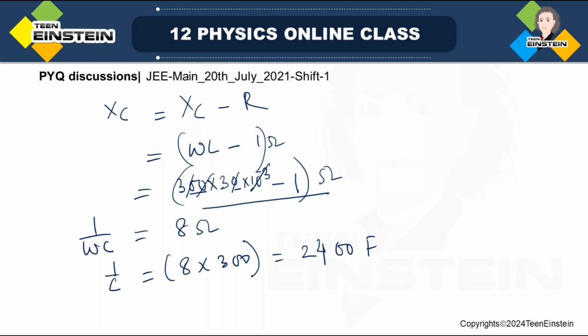So I have got 1 over c, then I have to get c. C is equal to 1 over 2400. This will be farad inverse, so this will be farad.